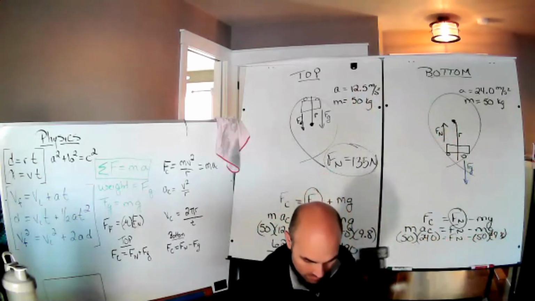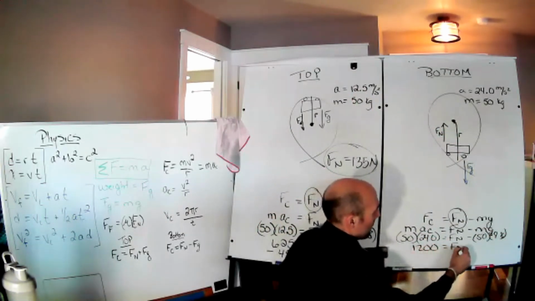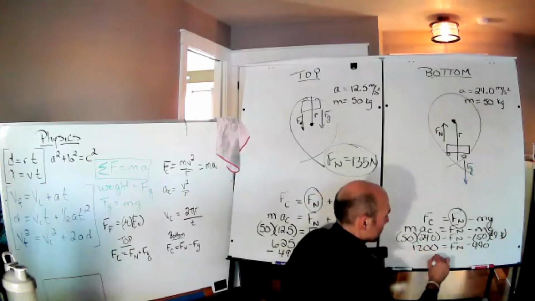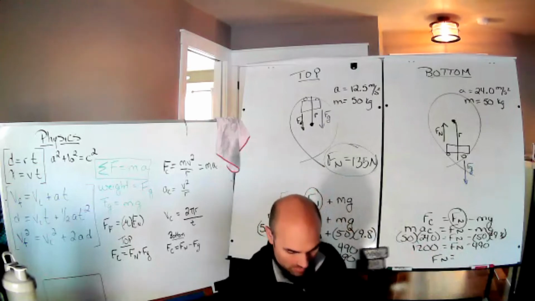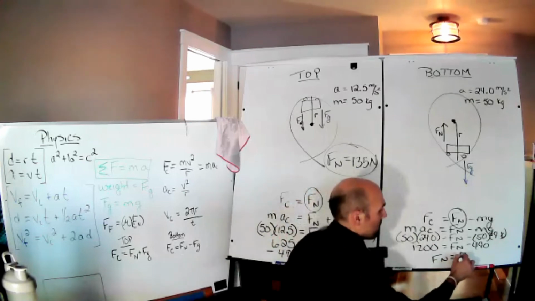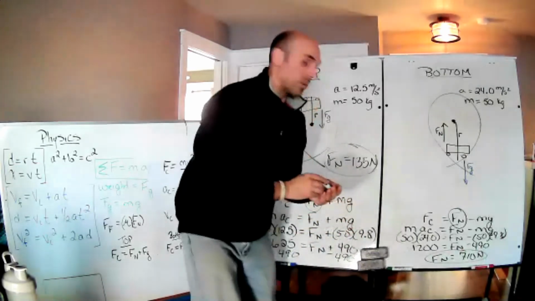Hey everybody, so I did make a mistake here. You'll notice that multiplying 50 times 24.0, we have 1200 newtons equals Fn minus 490. What I did in the video was subtract the 490 from the 1200 on one side. That is incorrect. What I'm writing now is incorrect. What I should actually have done was the opposite of subtracting 490.